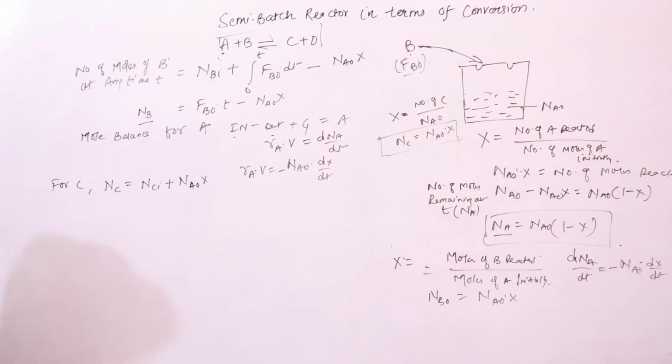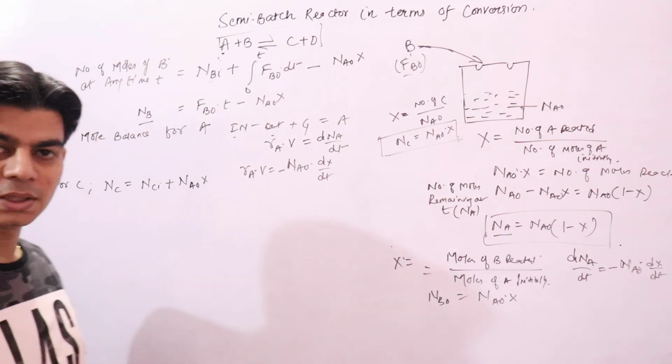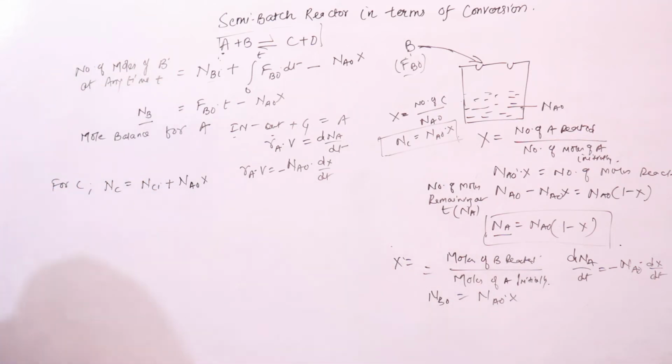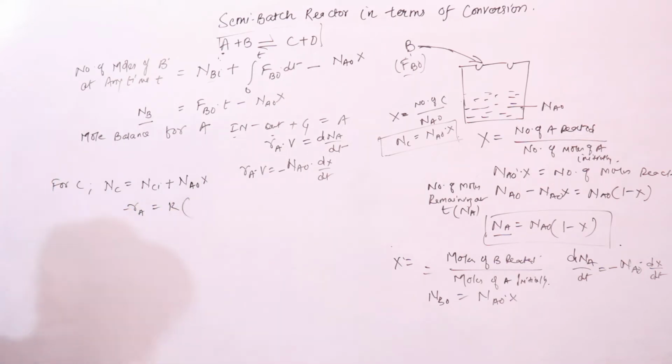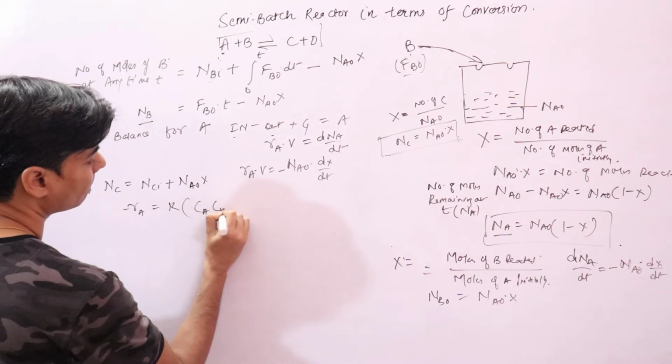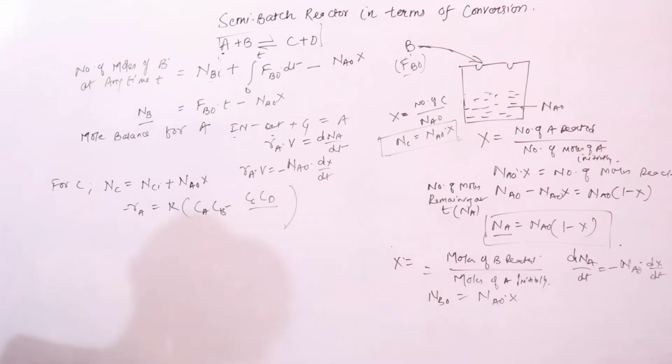Now for a second order reaction, we know one thing. For a second order reaction, the rate of reaction is given as follows. For this second order reversible reaction, this is how the rate of reaction would be given.